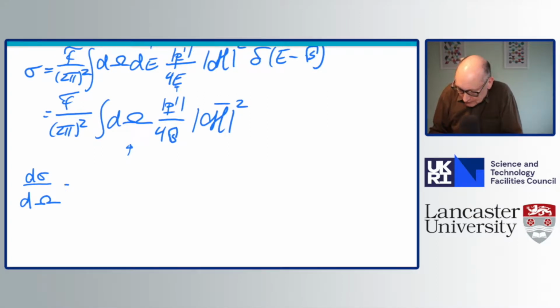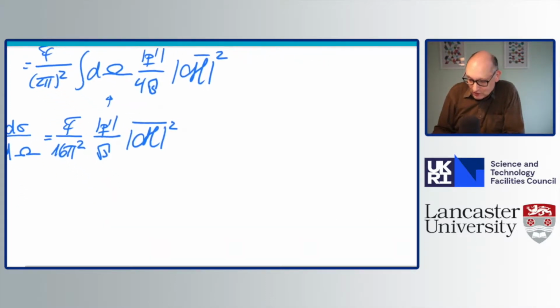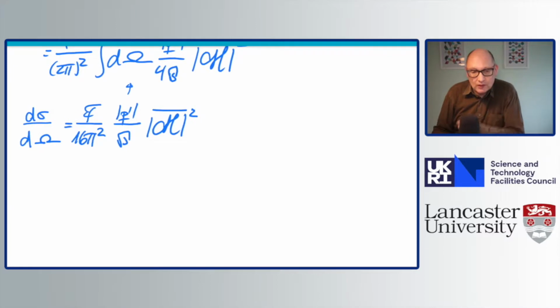And then one would get the flux factor divided by 16 pi squared, that's the 2, 4, 16 pi squared, the P prime over square root s, and the square of the matrix element. So actually here one would measure more or less the square of the scattering amplitude.